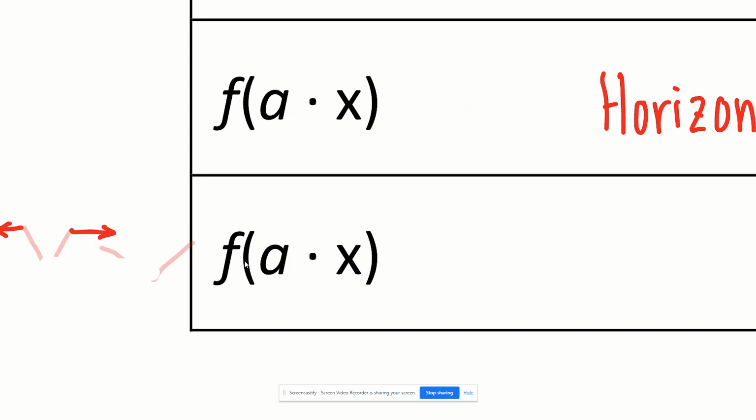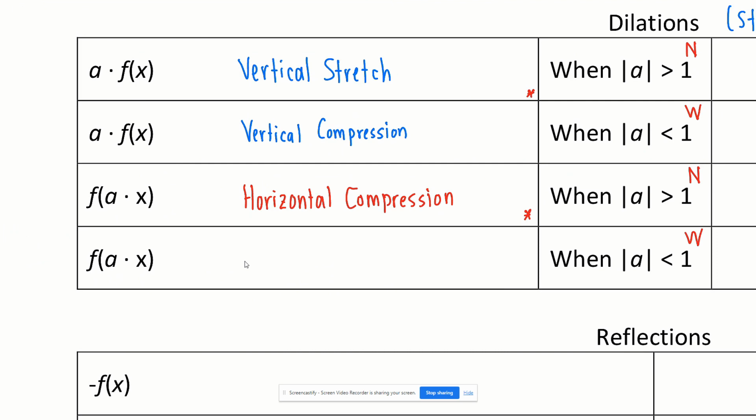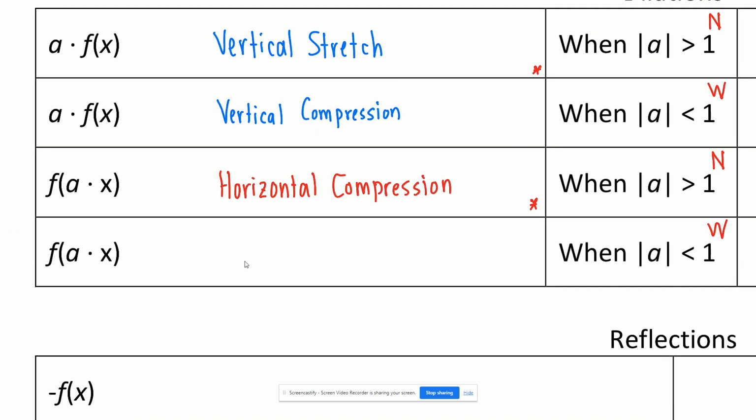So a horizontal stretch is what happens when your A value on the inside that you're multiplying by is less than 1. So sure enough, a horizontal stretch does the same thing as a what? A horizontal stretch does the same thing as a vertical compression. They both make it wider. They're both A values that are less than 1.